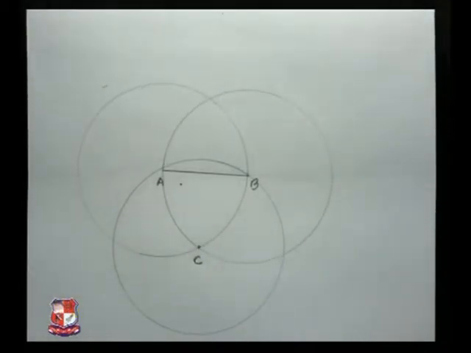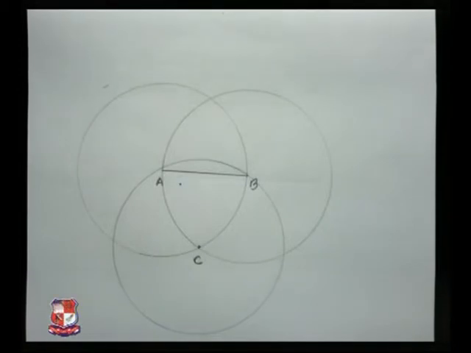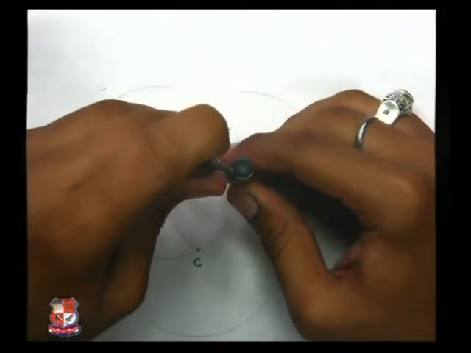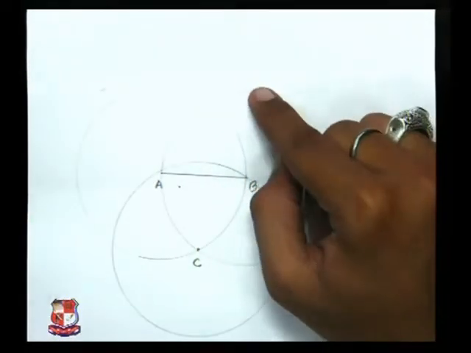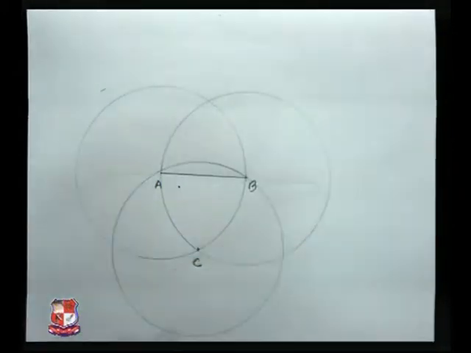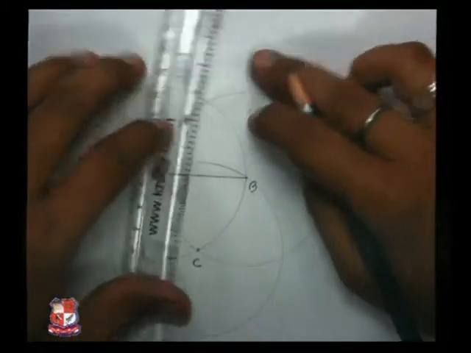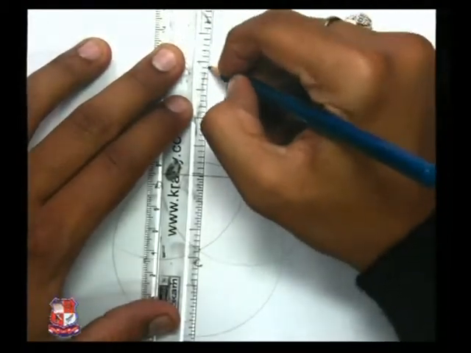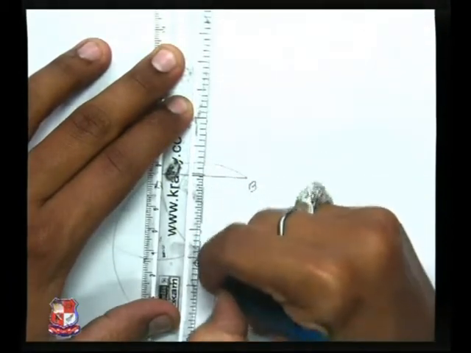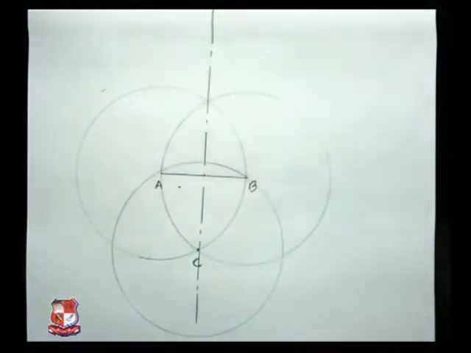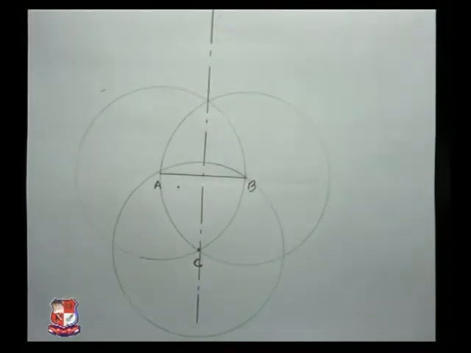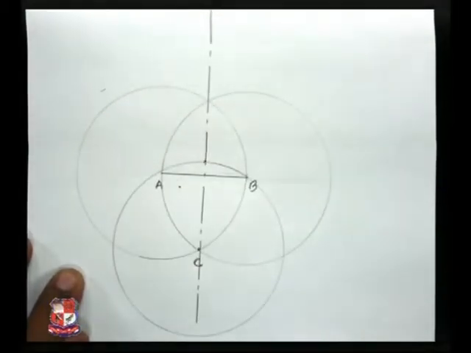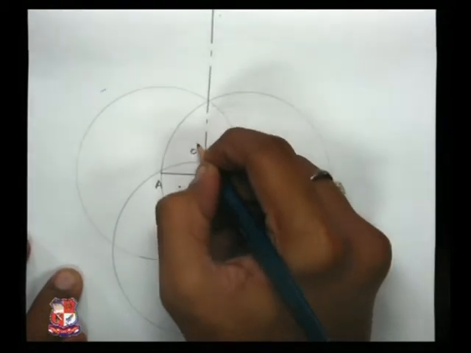Now take the bisector of AB. We have already taken the bisector as we have drawn full circles from it. So we are going to join this line as a center line. Likewise, the center line which intersects on the circle, we'll name it as C dash.